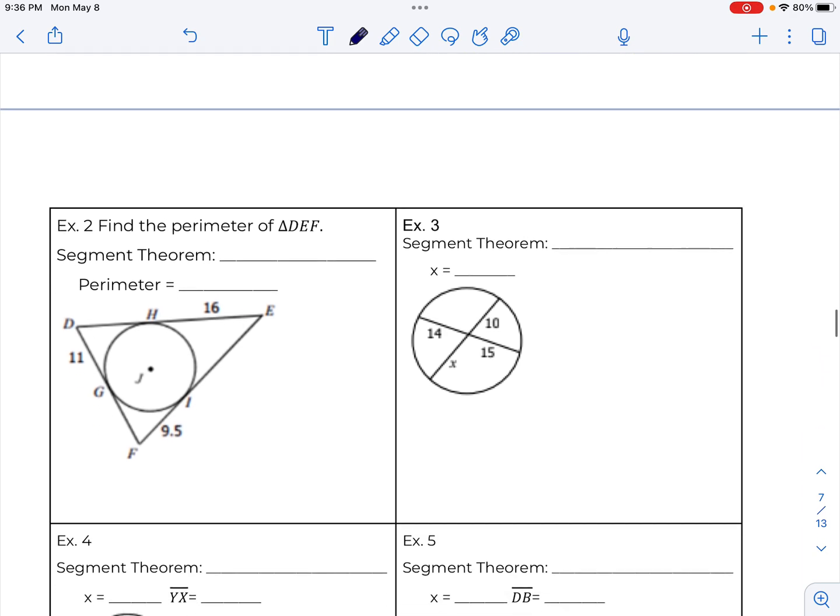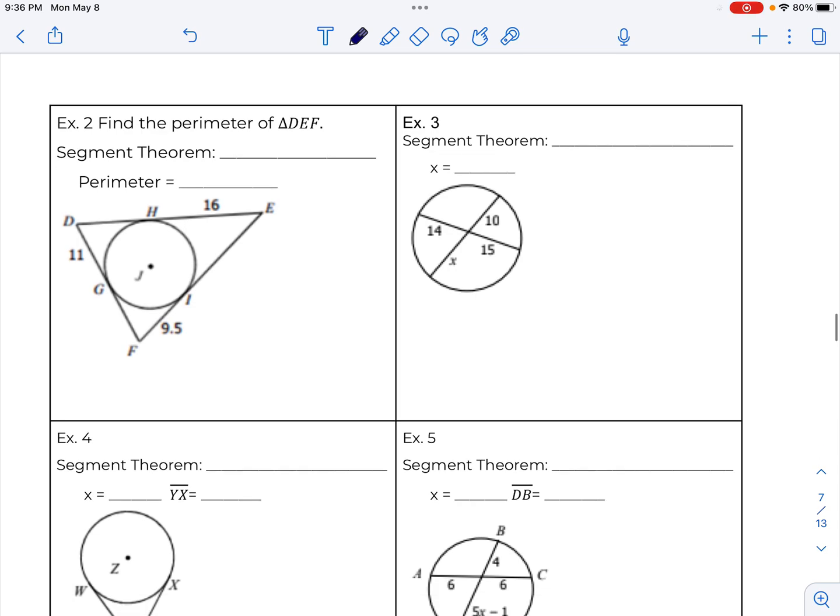So we're going to apply those two theorems on your next page. We're going to apply this one first to perimeter. These lines are all on the exterior, so this is called the tangent-tangent theorem, because these are tangent lines.